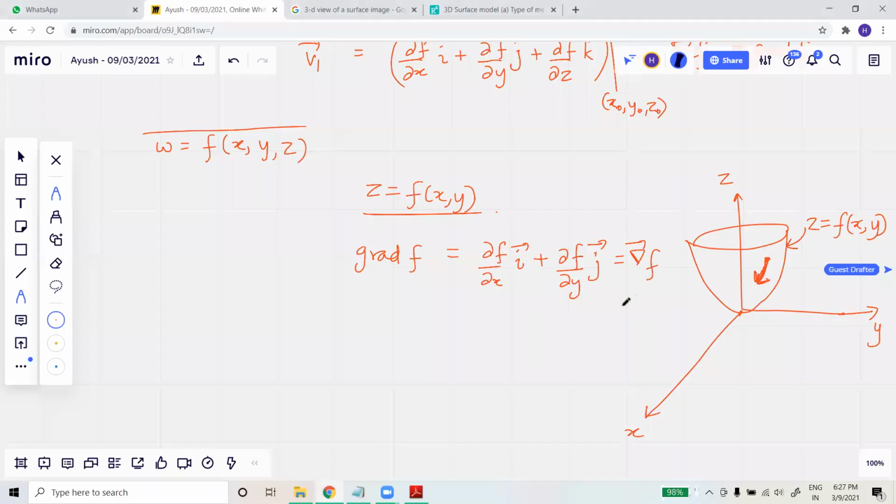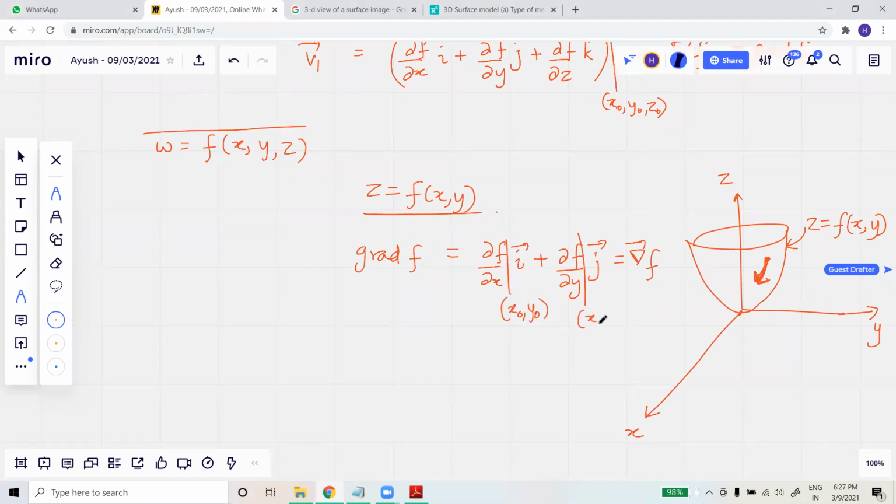So it will be a particular direction only. It will not be so many different possible directions. It will only be one particular direction.